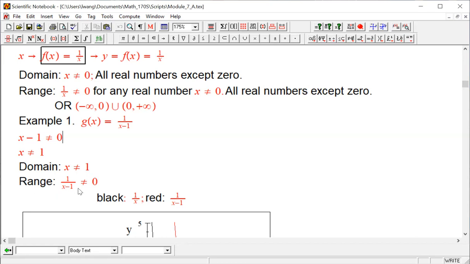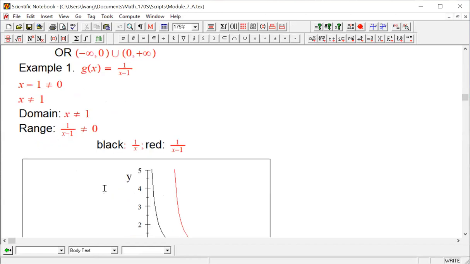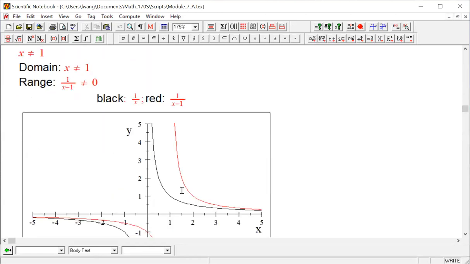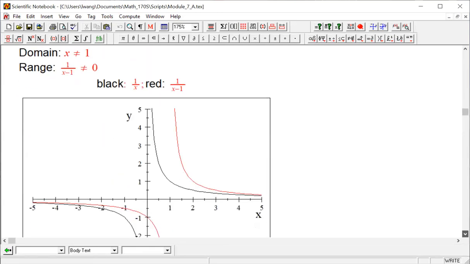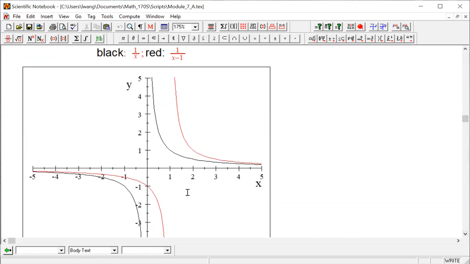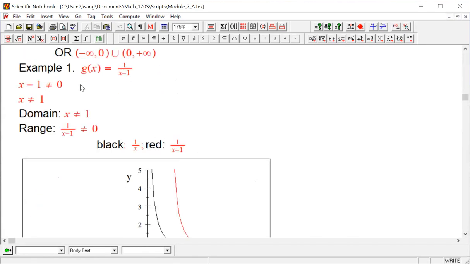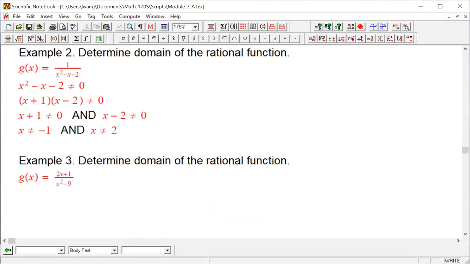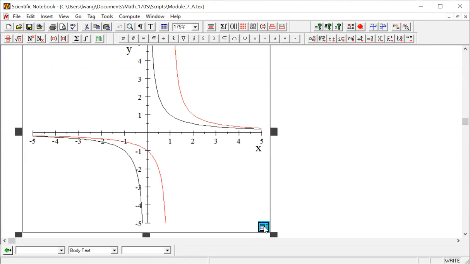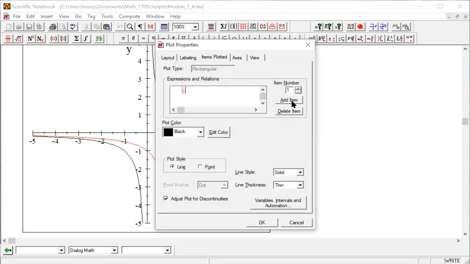And the range of this function, of course, cannot be equal to 0 either. If you look at the curve, it will also tell us much about domain and range. Because x cannot equal 1, x equals 1 is the vertical asymptote.